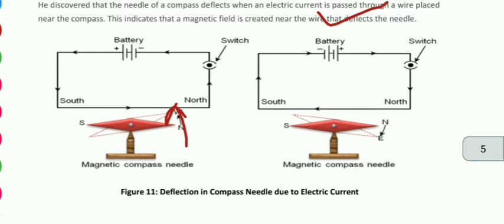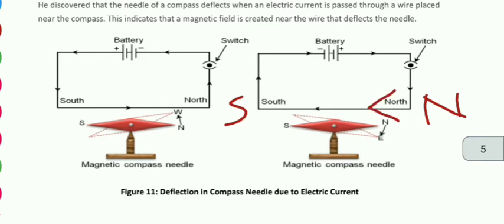Here the deflection changes. Look, this is the south side, this is the north. Here also south, north. So when the direction is changed, the current flow changes and the direction of the magnetic field also changes.